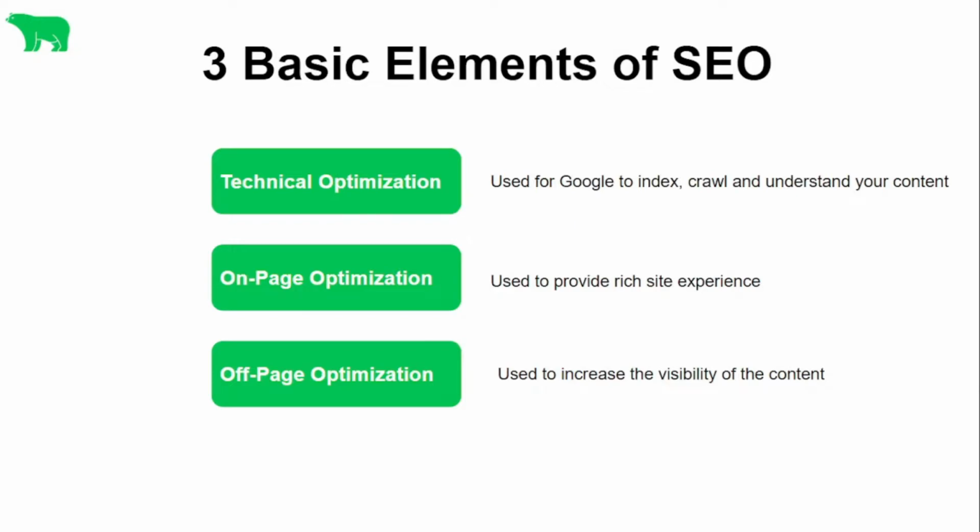So we want to emphasize the first two things, technical optimization and on-page optimization, which will ensure more organic traffic than traffic coming from sources that are not important to B2B. That's why we emphasize technical and on-page optimization as very important for B2B organizations. We'll talk about off-page optimization in this chapter, but we want to stress that technical and on-page will be quite important and critical for any B2B content success.